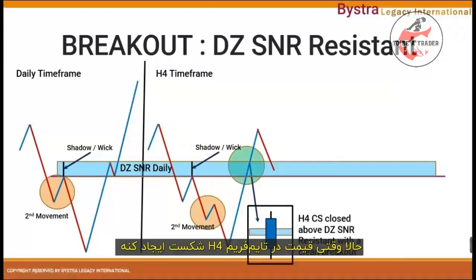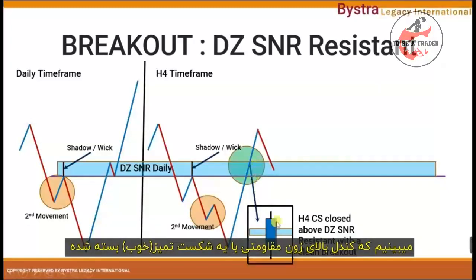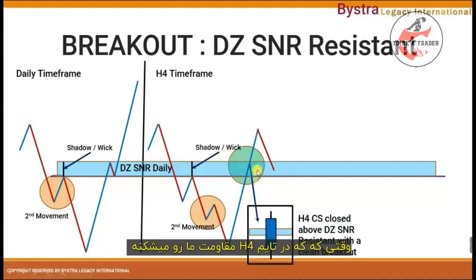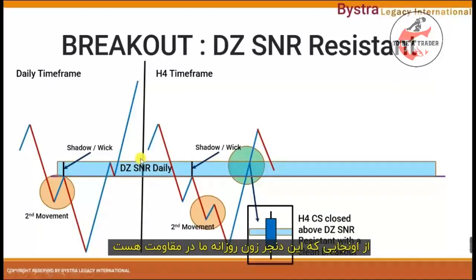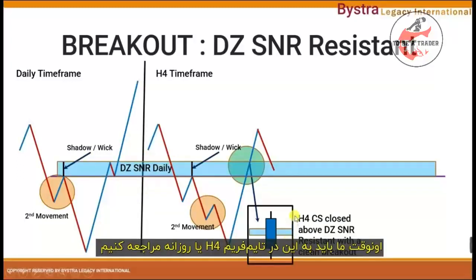Now, when the price breaks out at the H4 time frame with a Marubozu candlestick on a bull, we can see that it will close above the resistance zone with a clean breakout. Once at the H4 time frame it broke on this resistance, price will normally come back to test as a new support.